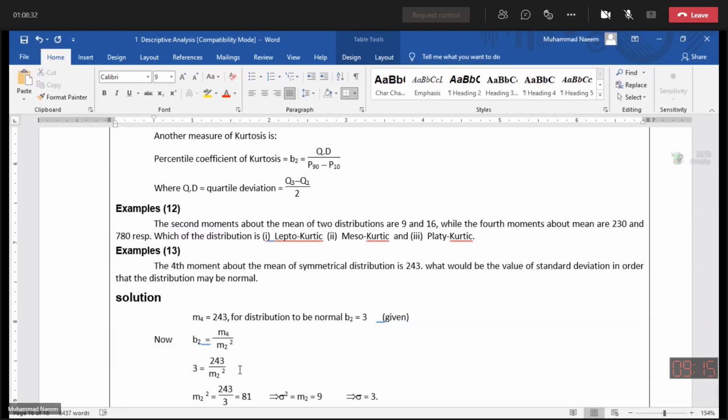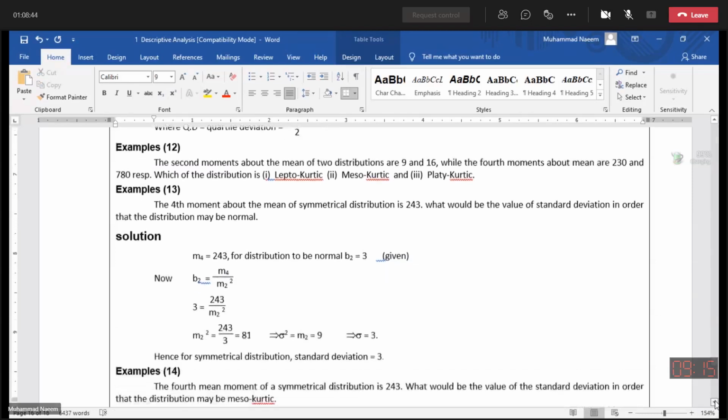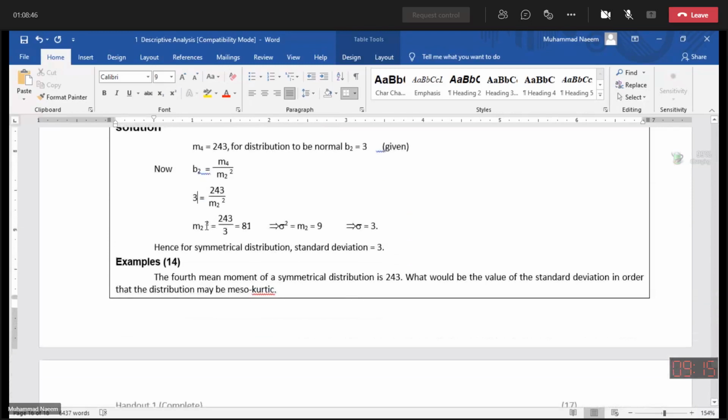So equating B2 equal to 3, and also using the value of M4, simplify for M2 squared. Remember, M2 is the variance. So in this way, we get the value of the variance, which is equal to 9. By taking the positive square root of this value, we get the standard deviation.